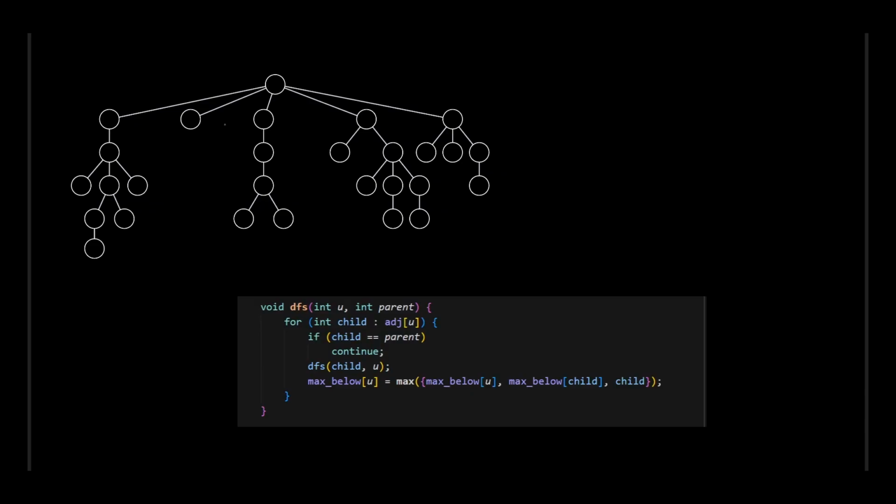This would be nothing but the max below of this, max below of this, max below of this, comma the value of this, right? The value of each of these cells. So this is a very simple O(n) DP. This is how you apply DP on trees. Remember at the start of this video, we told you that this problem is DP on trees, but how and where to apply that DP on trees was the challenging part. So this is one aspect where you are able to apply DP on trees.